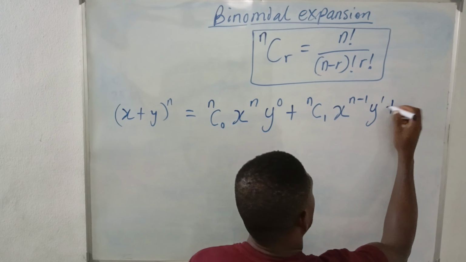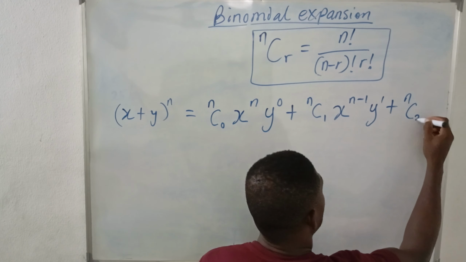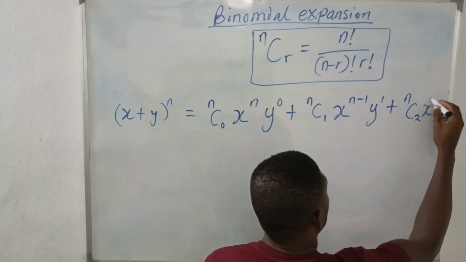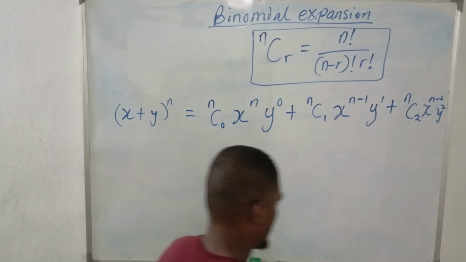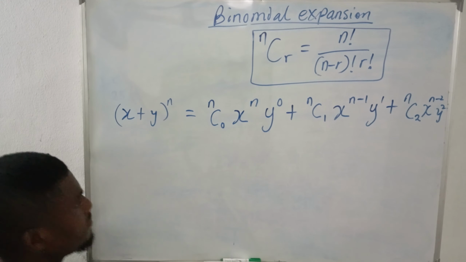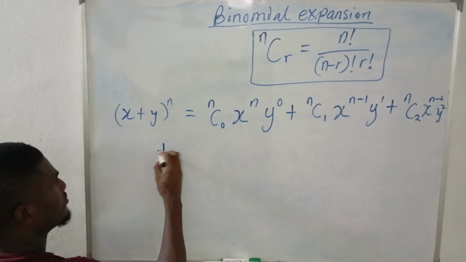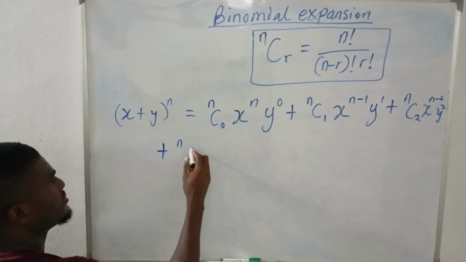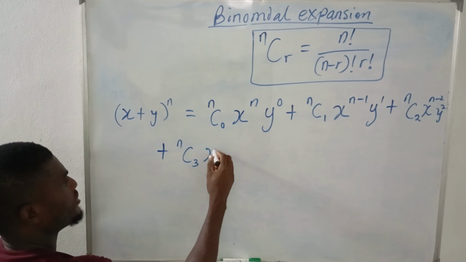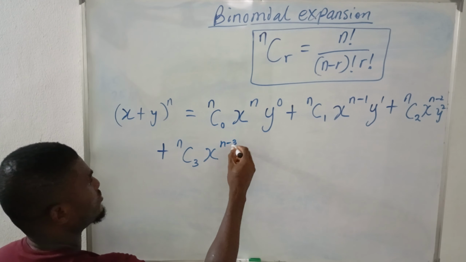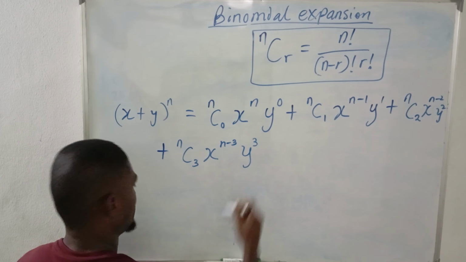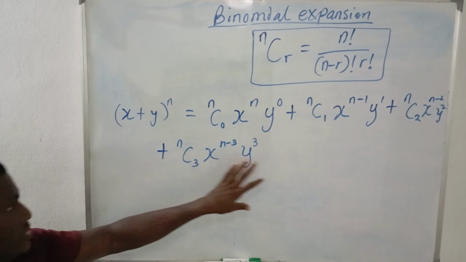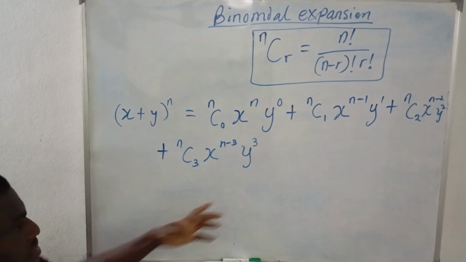And then n combination 2, x will now be n minus 2, y will be y raised to the power of 2. Next coefficient, first variable n minus 3, second variable 3. Alright, with what is going on here, I think there is a relationship.